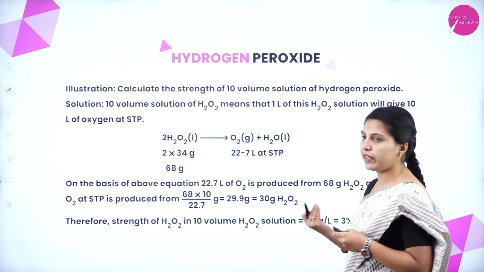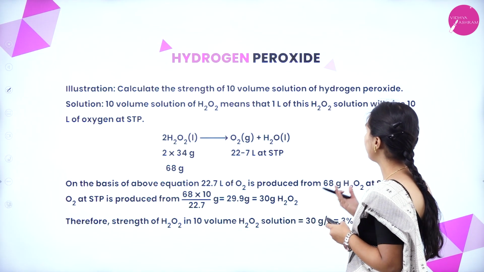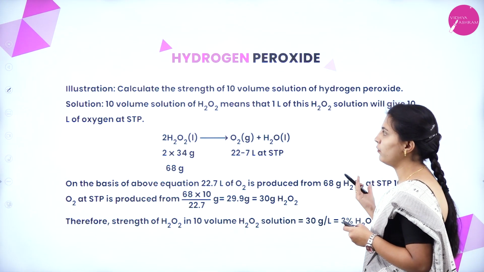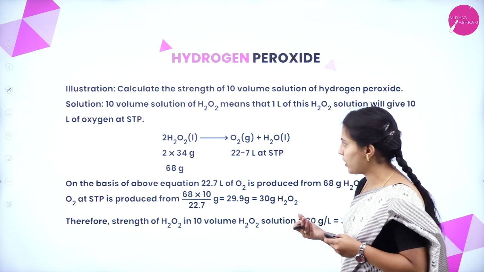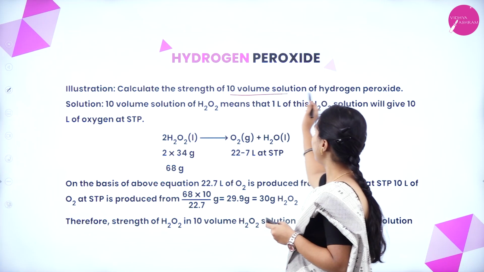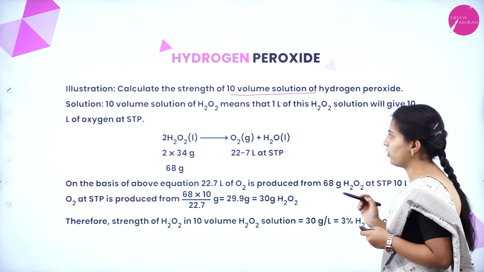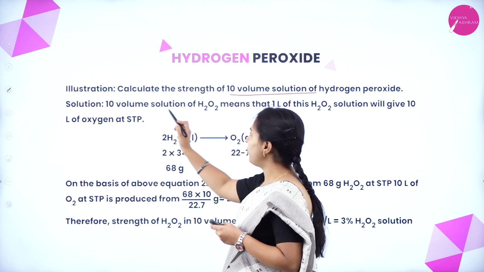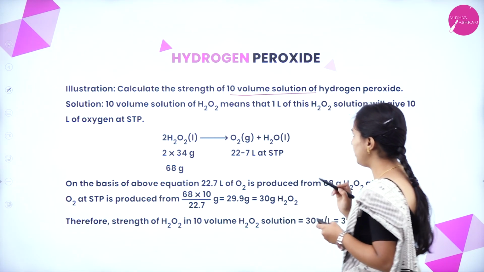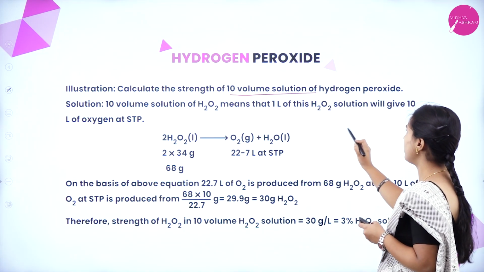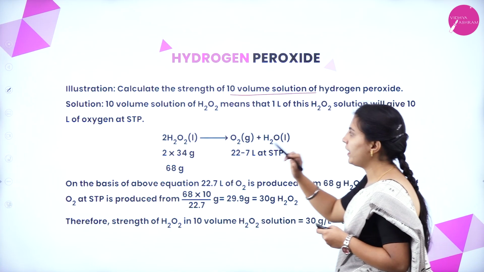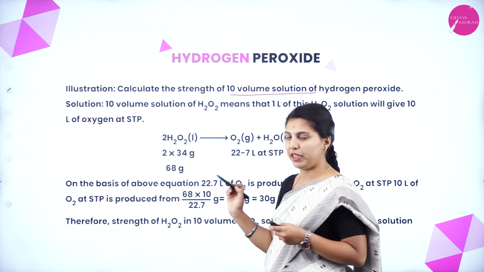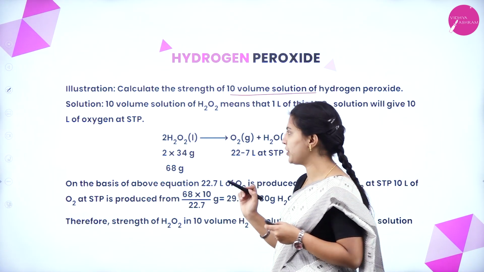Next, how to calculate the strength of 10 volume solution of hydrogen peroxide, we'll see with an illustration. Calculate the strength of 10 volume solution of hydrogen peroxide. Solution: 10 volume solution of hydrogen peroxide means that 1 liter of this hydrogen peroxide solution will give 10 liters of oxygen at STP, that is standard temperature and pressure.